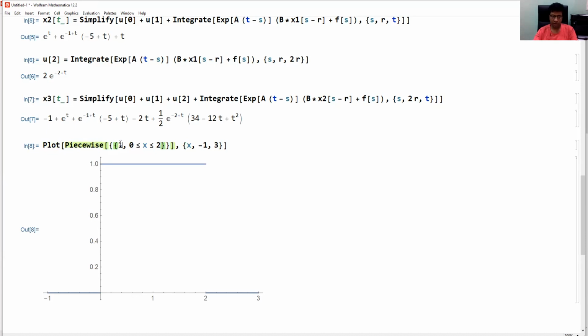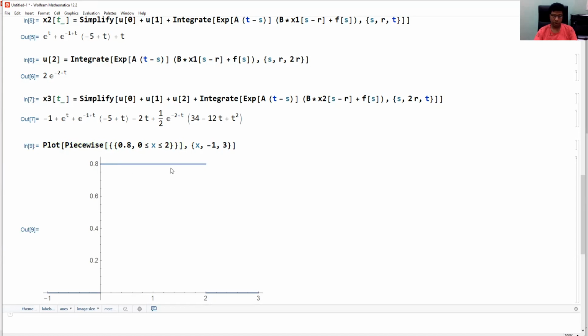If I am writing 1, then comma, this specified interval, say 0 less equal x less equal 2, in this interval it will have value 1 and otherwise 0. Of course we can change this value. This may be 0.8. So now this is 0.8.